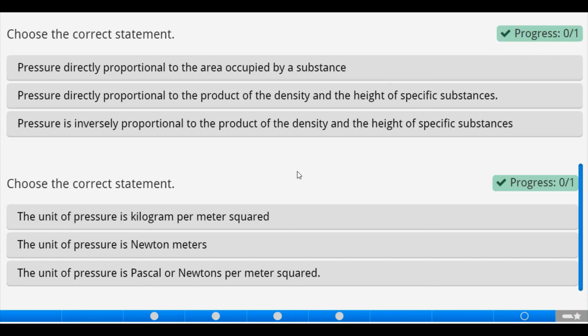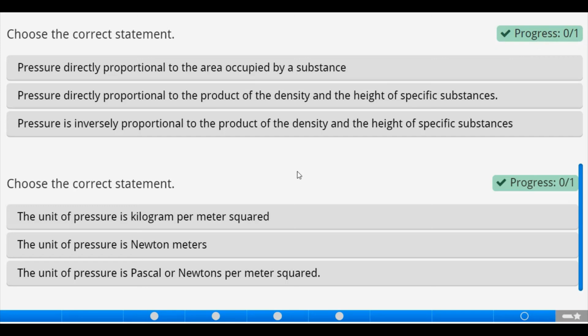Pressure is inversely proportional to area, but only directly proportional to force. Pressure is directly proportional to the product of the density and the height of a specific substance. The statement is correct.